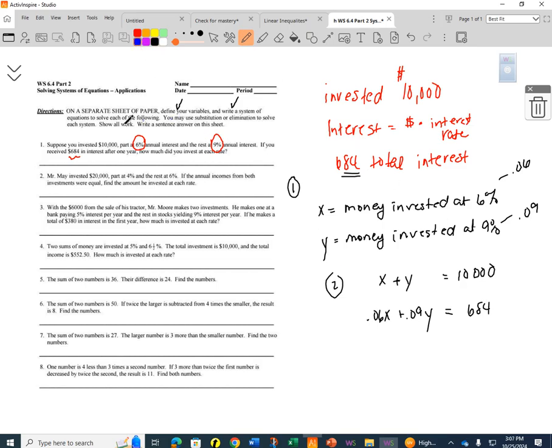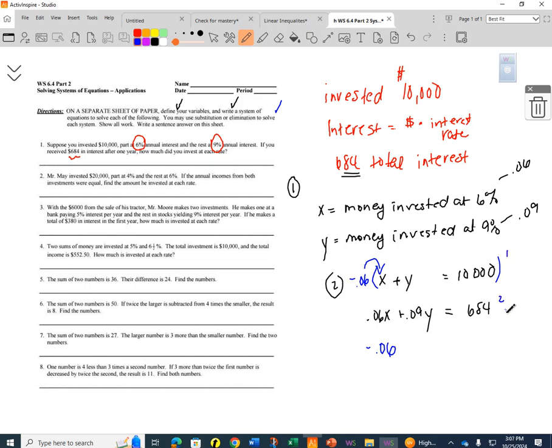So now we have to solve them and we have to show our work. So I know I'm going to use elimination, and I'm going to multiply this equation by negative 0.06, because if I do, then I'll have negative 0.06 plus positive 0.06, which will let me eliminate my x's. So I'm going to distribute. This is my first equation.